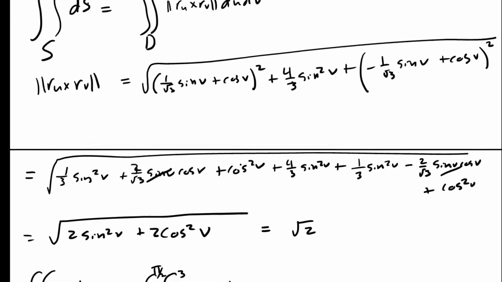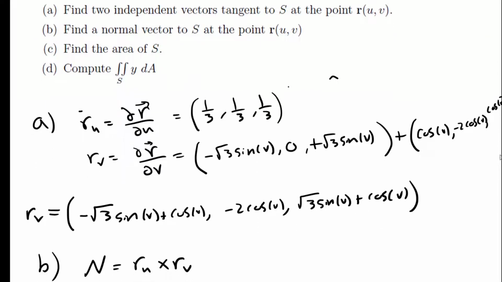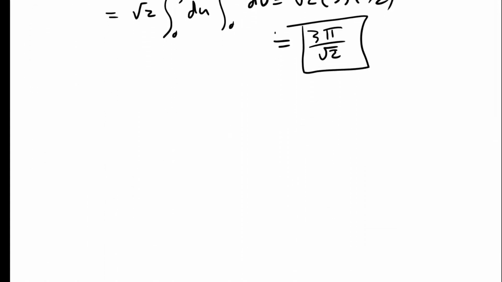Okay, and next it says find or compute the integral of y dA. So what it actually means is compute the integral of y, what I meant to say was ds. Because if we're integrating over a surface, we usually write ds, and dA means that our surface would be flat.